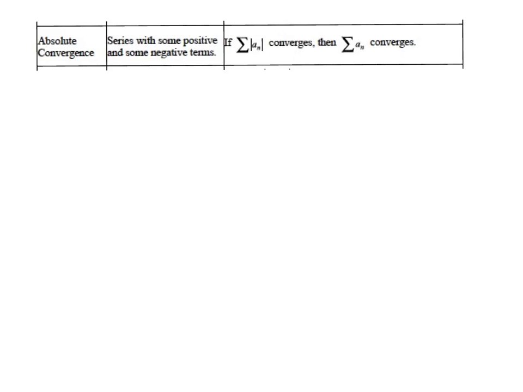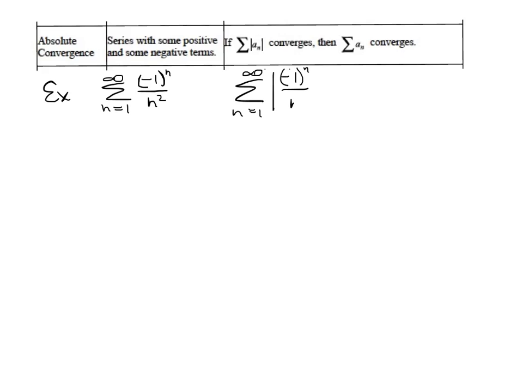So let's look at the sum from n equals 1 to infinity of negative 1 to the n all over n squared. If we take the absolute value of it, negative 1 to the n divided by n squared, that really is the series from n equals 1 to infinity of 1 over n squared.